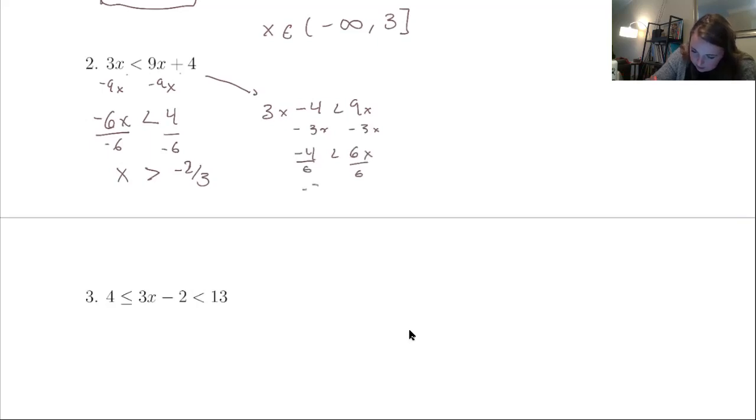And I get that negative 2/3 is less than x. Are those equivalent? Yeah, something is smaller than something, that other thing is bigger than the other thing, right? It's just like saying that. So you could have done it differently and not even had to worry about the negatives. Sometimes that might help.